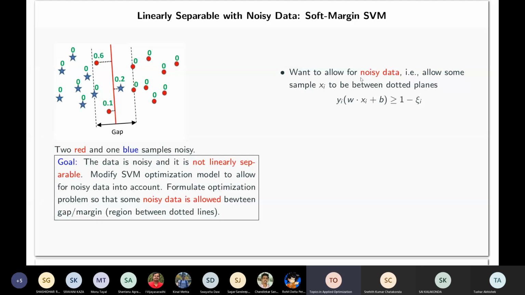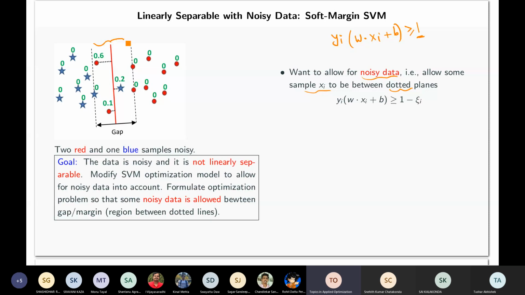So we want to allow for noisy data, that is, allow some sample xi to be between the dotted planes. Okay, so we want to allow that. So instead of asking for, remember the inequality for the hard margin SVM was yi(w·xi + b) greater than or equal to 1, right?